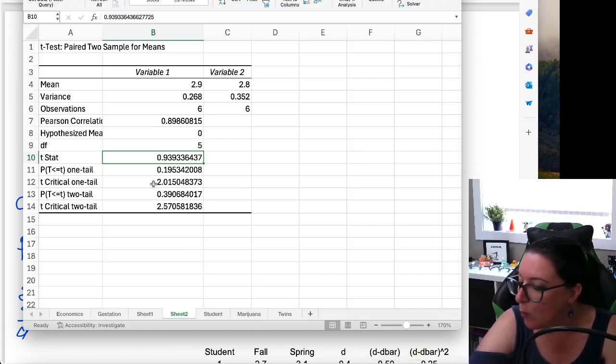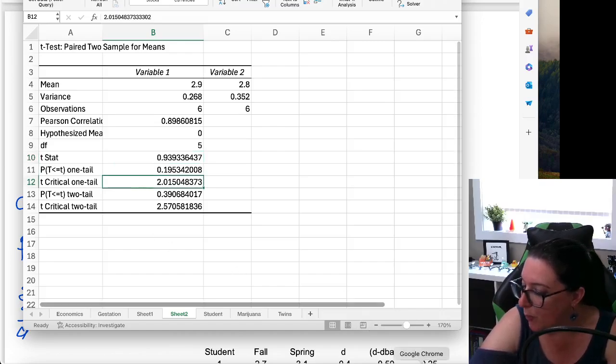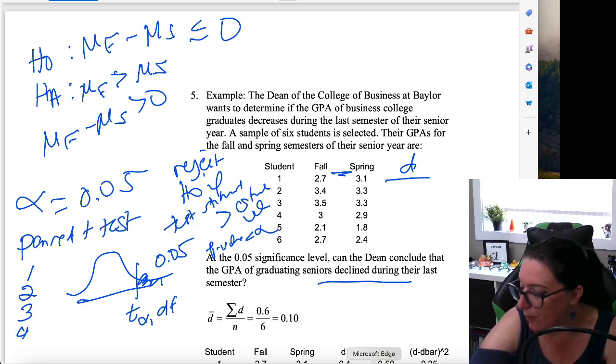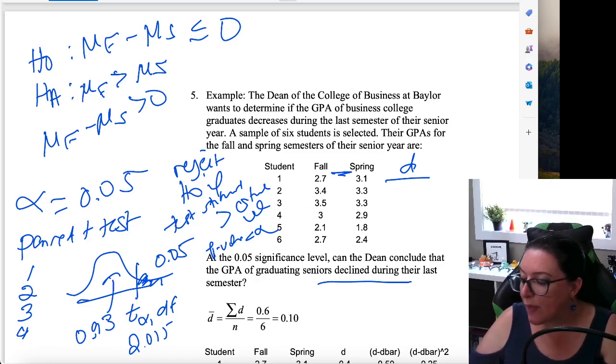We are doing a one-tailed test, so we are here, and our test statistic is 0.93. Our critical value is 2.015. So if we were to write this out, this is 2.015, and the test statistic is 0.93. So we reject the null hypothesis if the test statistic is greater than the critical value.